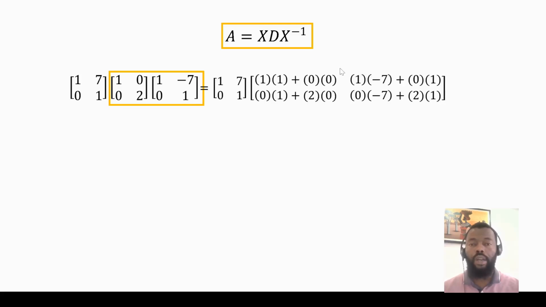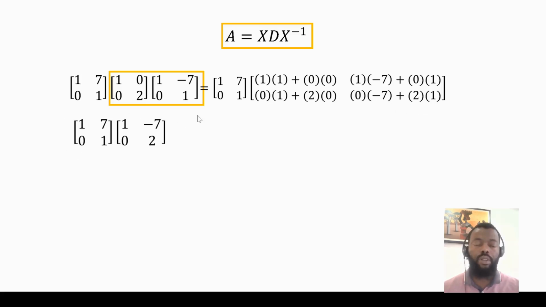So now we can simplify. Here we have 1 plus 0, -7 plus 0, 0 plus 0, 0 plus 2.